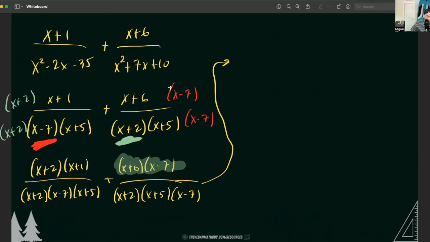So how will my fraction start looking? I will multiply the x plus 2 times the x plus 1.